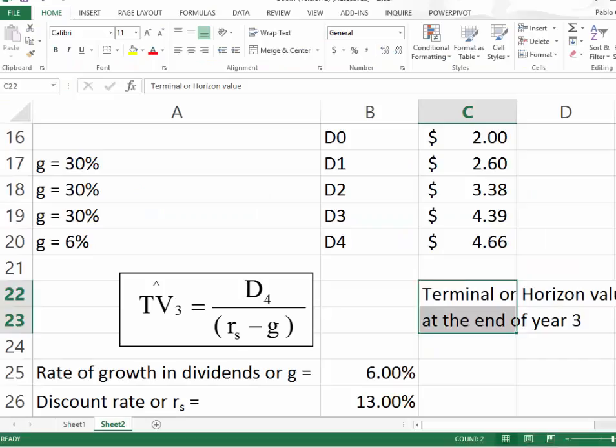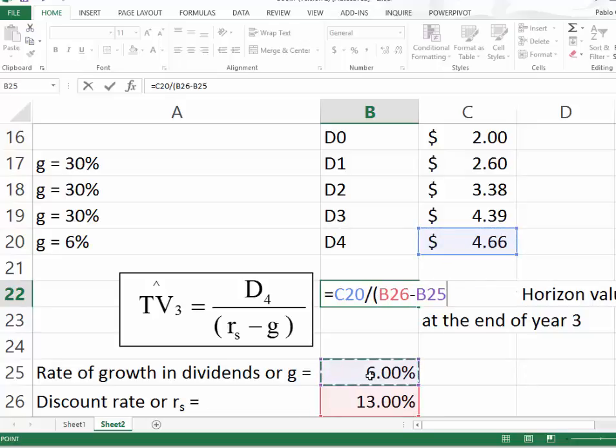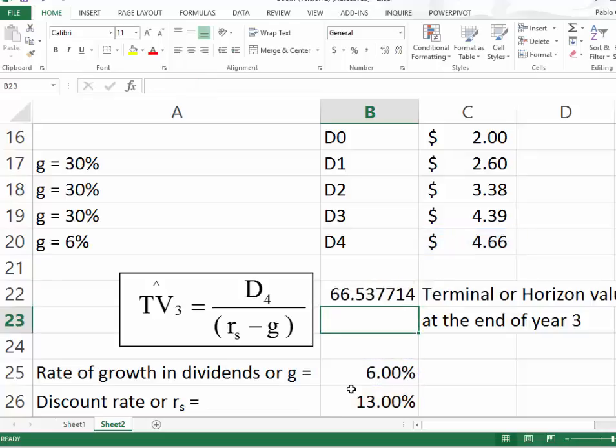The last thing we need now is to plug in the numbers. D4, which grew at 6% over the prior year dividends, divided by Rs minus G, our discount rate. We do that and we find the horizon value of 66.54.